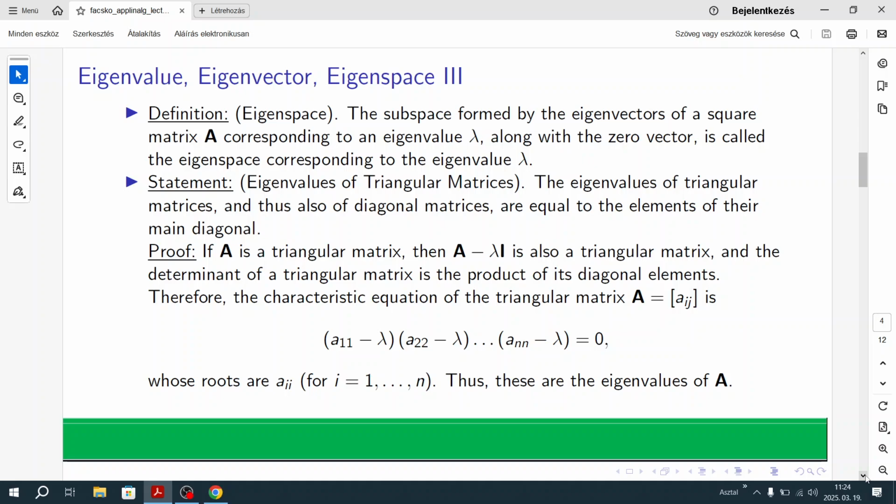Here, if you want to calculate the eigenvalues, then this one and this one will be 0.